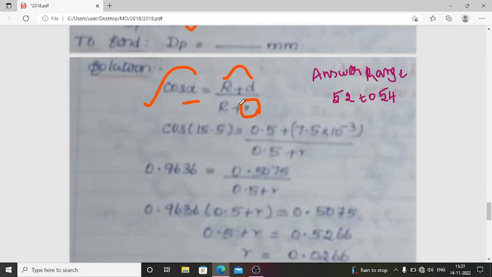After that, we calculate the diameter of the particle with the help of the radius. Small d is the clearance between two surfaces. Alpha is 15.5 degrees, and capital R is the roll radius.